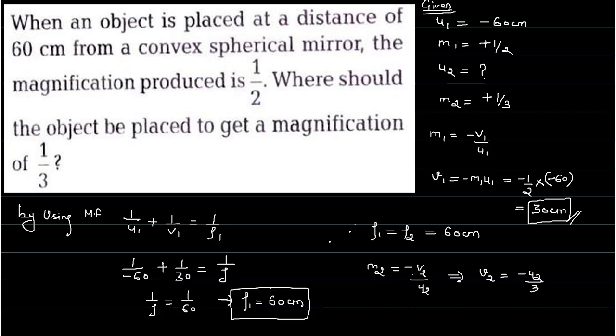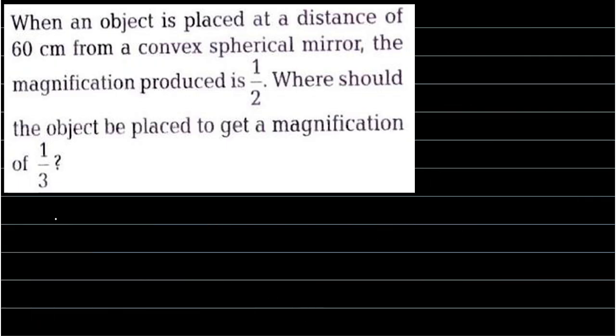We can again use the mirror formula. 1 upon f equals 1 upon u plus 1 upon v. f is again 60, right? So 1 upon 60 equals 1 upon u2, and v2 is minus u2 by 3. So it will be minus 3 upon u2.